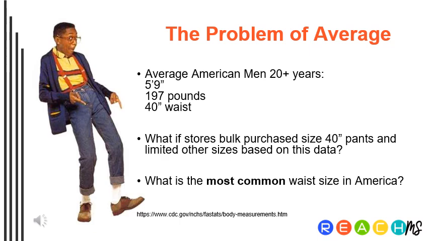We present with a certain type of presentation, we offer certain materials, and if you are average, you're good. If you're on the gifted end, or on the special education end, you're not good. You have to request something different, just like anyone who's not a 40-inch waist.